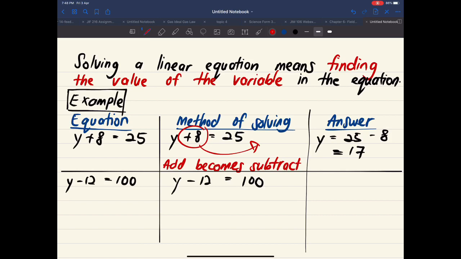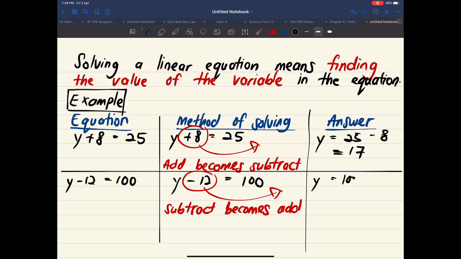So what you do, negative 12, you bring it to the other side, where subtract becomes add. So the answer is y equals to 100 plus 12. So y will be equals to 112.